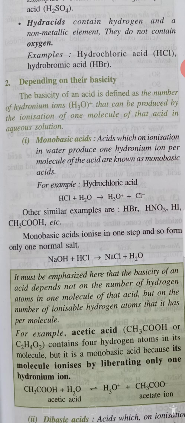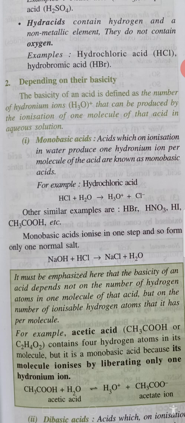For example, children, hydrochloric acid HCl, when it dissolves in water, it only gives you one hydronium ion and one chloride ion. And other examples are HBr, hydrobromic acid, nitric acid, hydroiodic acid, and even acetic acid. Now children, in acetic acid, which is CH3COOH, you see that there are 4 hydrogen atoms, but it comes under the category of monobasic acid because on ionization it only produces one hydronium ion.